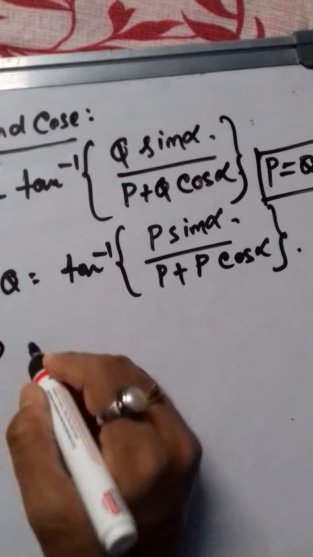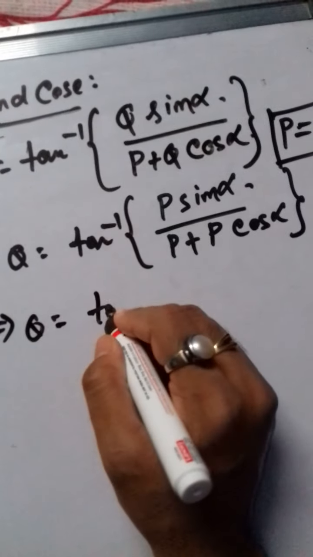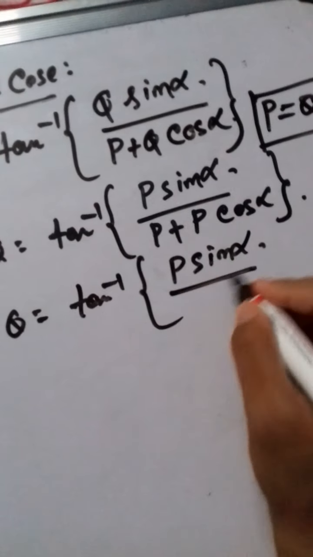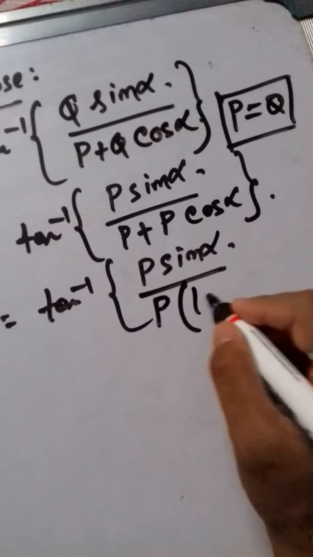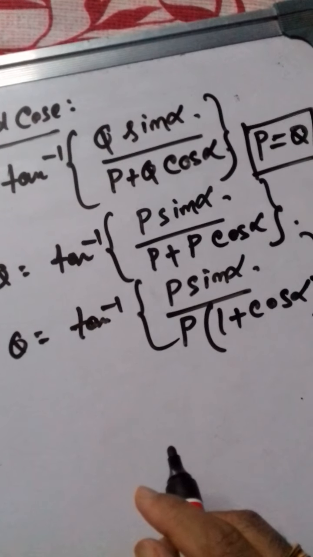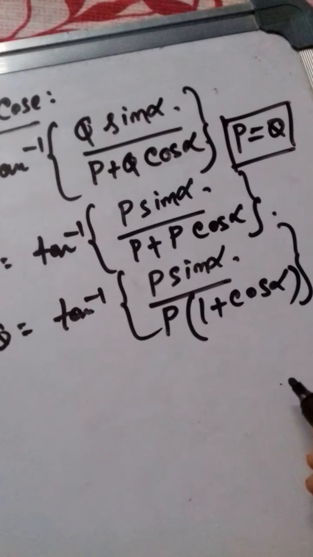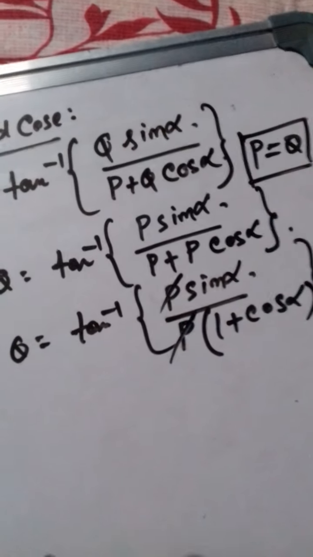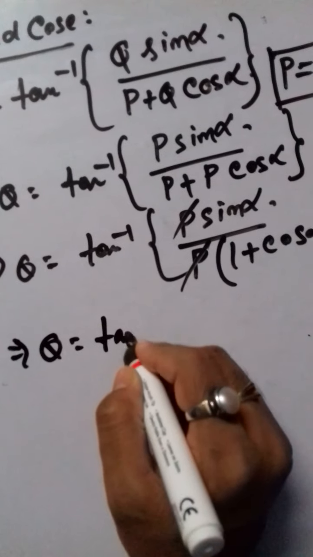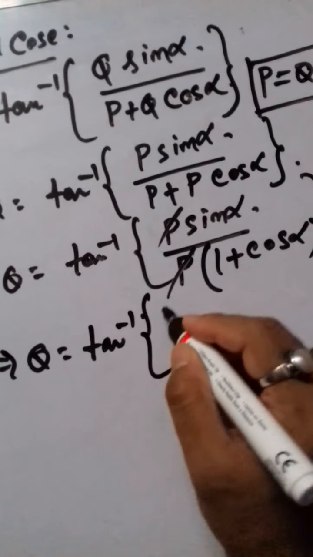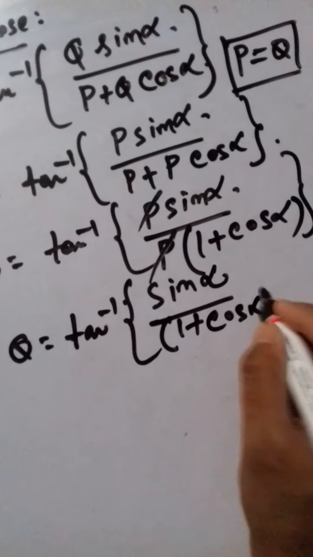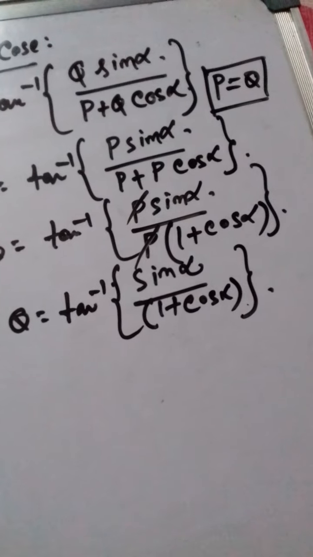Now what will you get? Theta equal to tan inverse of P sine alpha divided by P, taking it as common, 1 plus cos alpha. So P will cancel out, and theta is equal to tan inverse of sine alpha divided by 1 plus cos alpha, right?